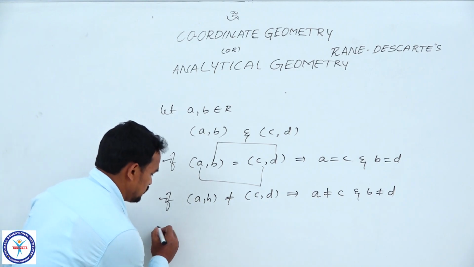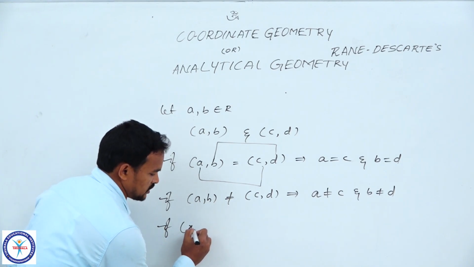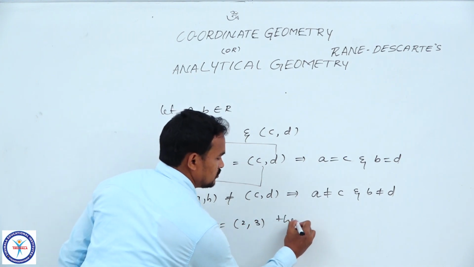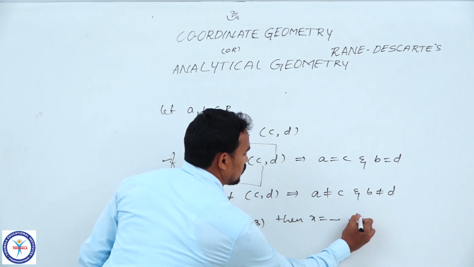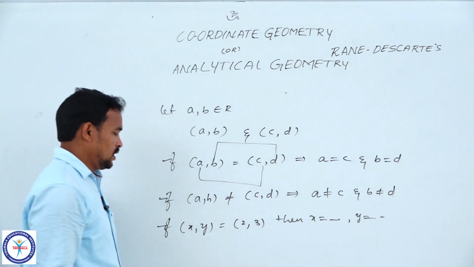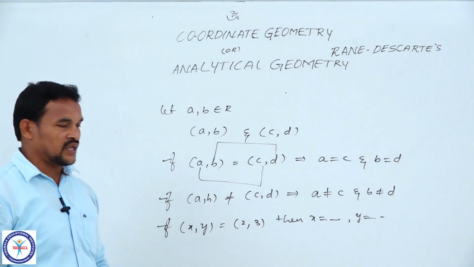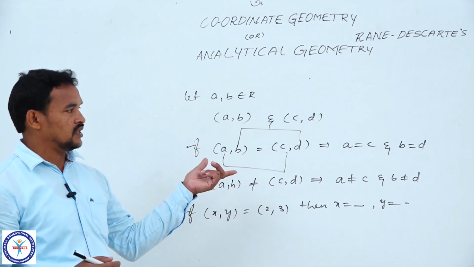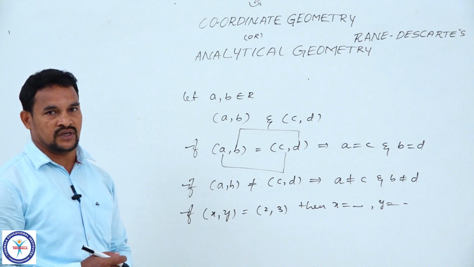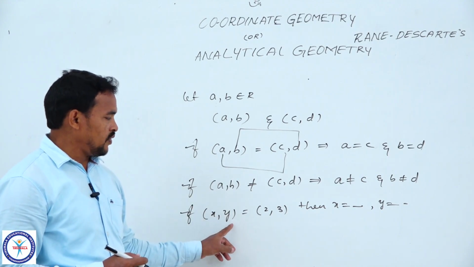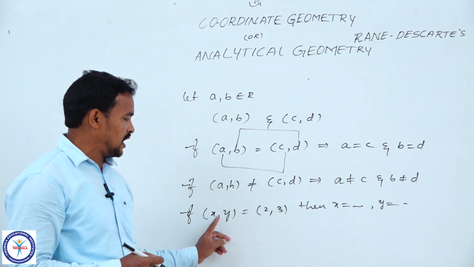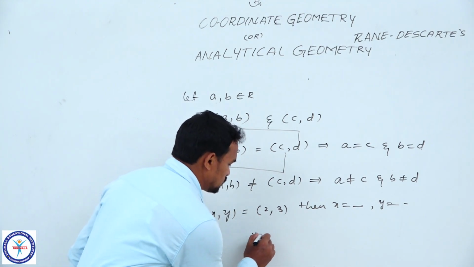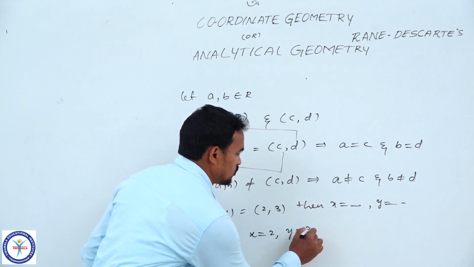If the ordered pair (x, y) equals (2, 3), then what is x and what is y? Previously we already discussed: if the ordered pairs are equal, then their corresponding elements are equal. Here x equals 2, y equals 3.